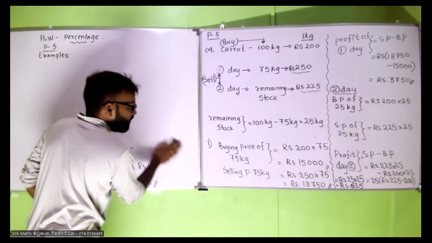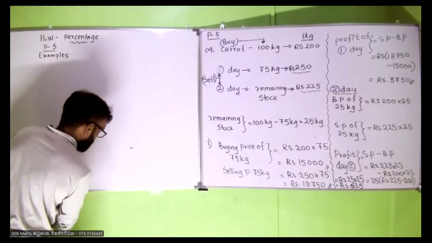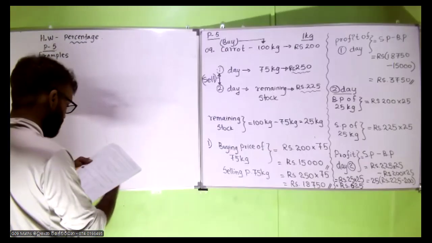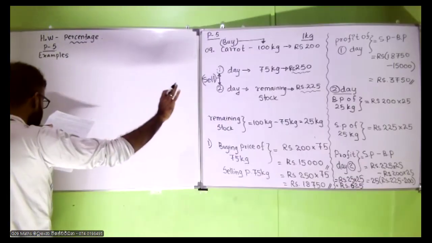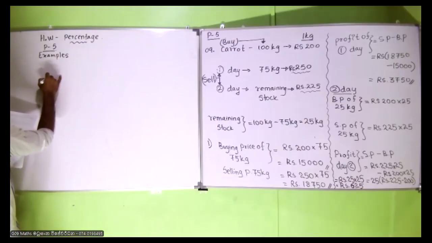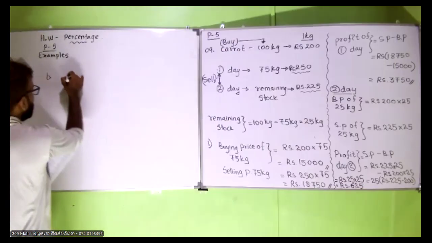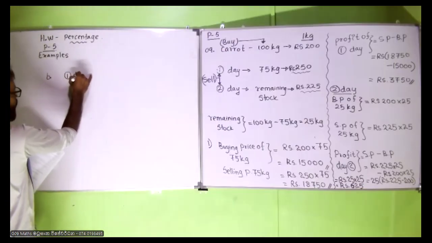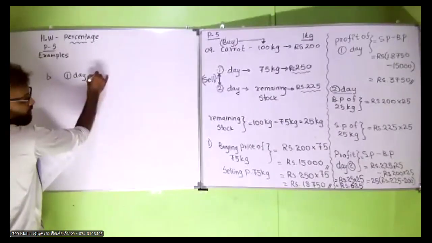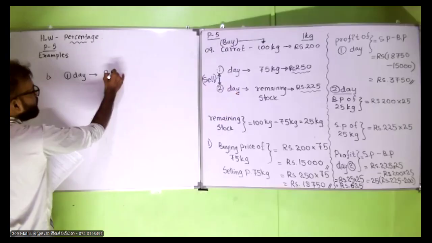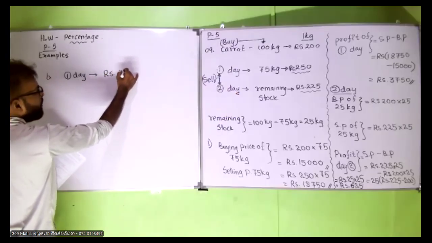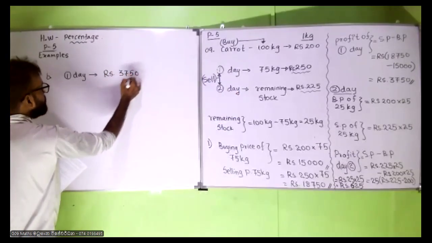Then what they are asking is, in which day does he earn more profit? Part B. In the first day, he is getting a profit of 3,750 rupees.